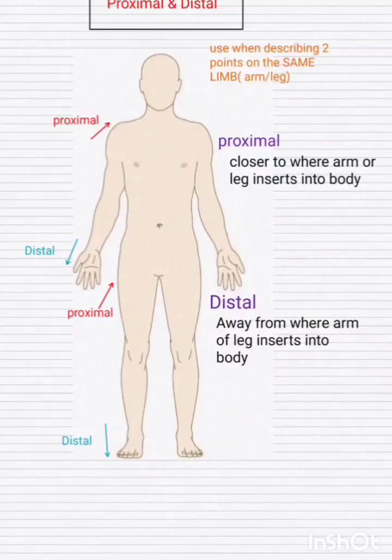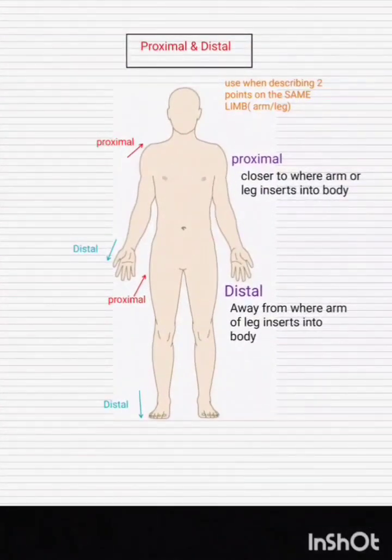Distal is far away from the point of attachment. For example, elbow. Comparing elbow and wrist, the elbow is proximal to the wrist. That is, the elbow is closer to the attachment. And fingers are distal to the wrist.